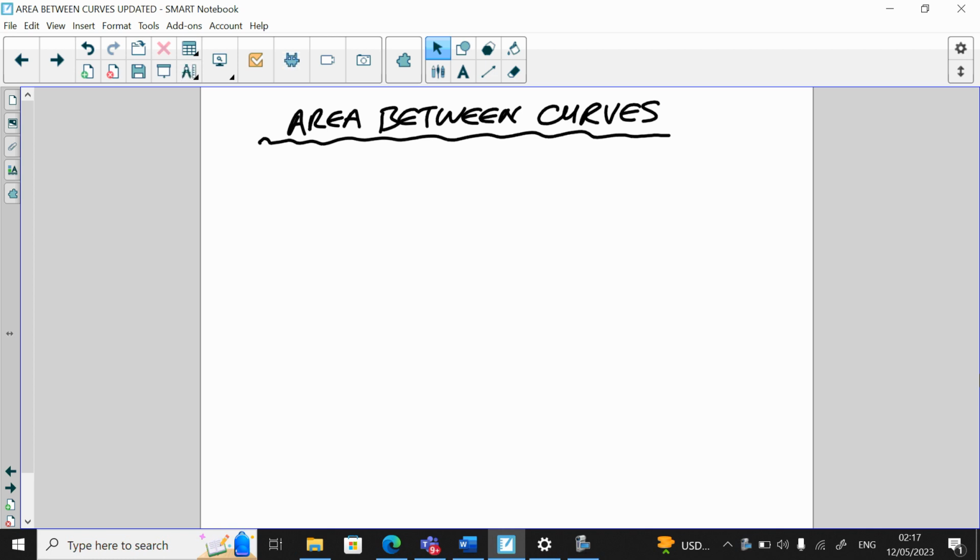Okay, let's move on to looking at area between curves using integration. So, don't really need any kind of axes here, but I'll just put in a horizontal axis there.